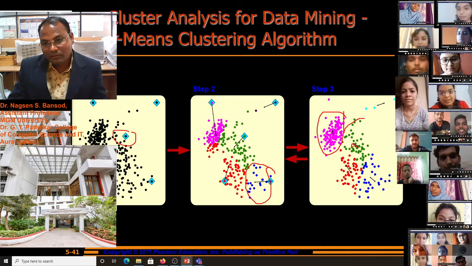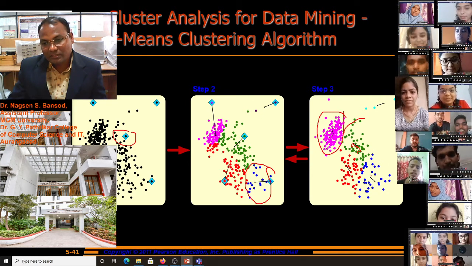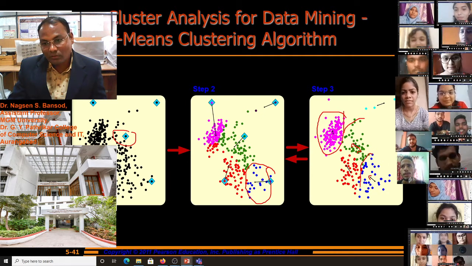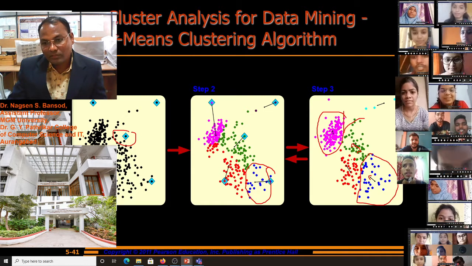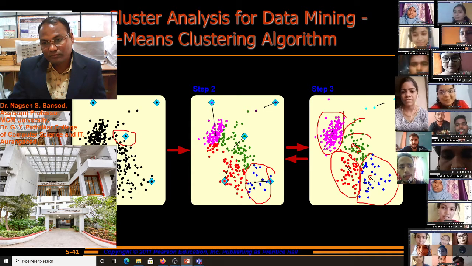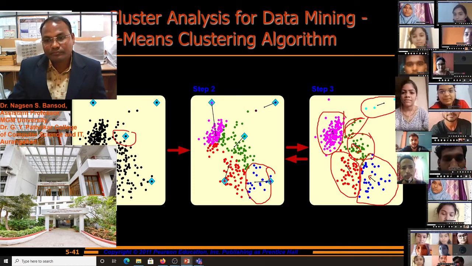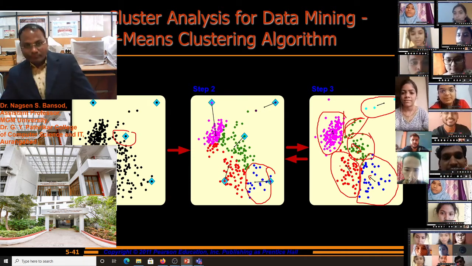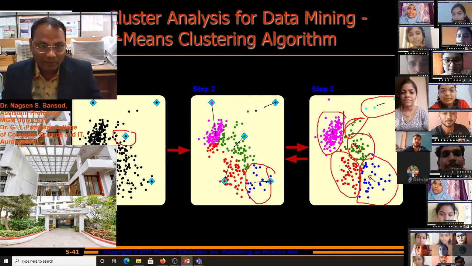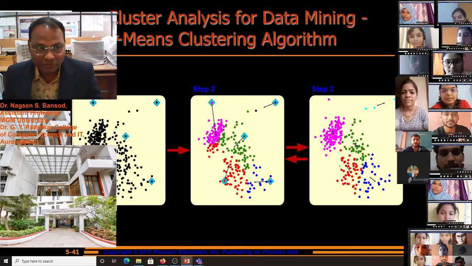Find the distance, measure the distance temperature wise. Like this, the k-means clustering algorithm is used.